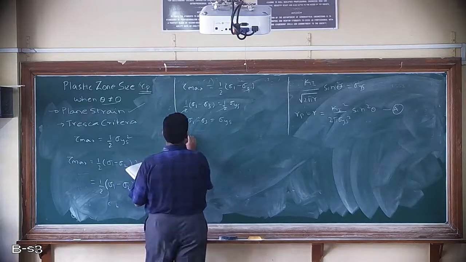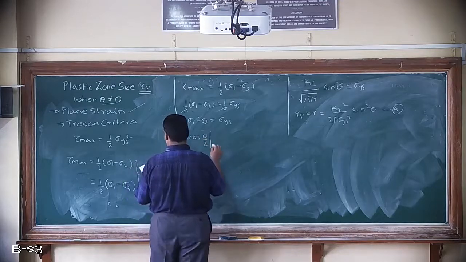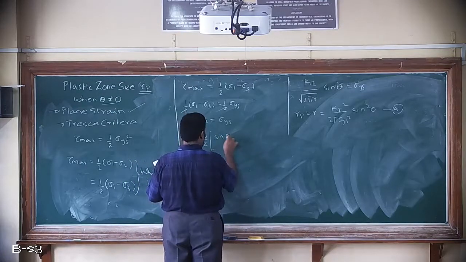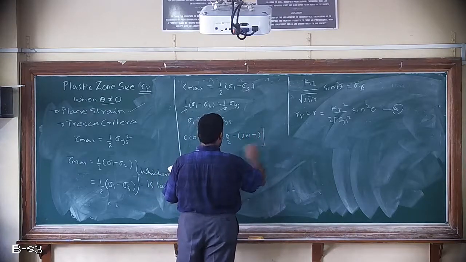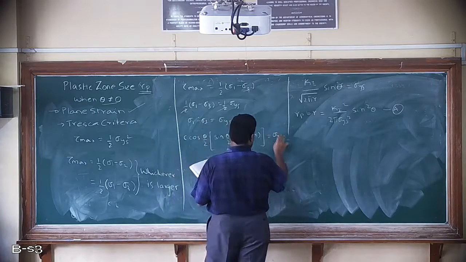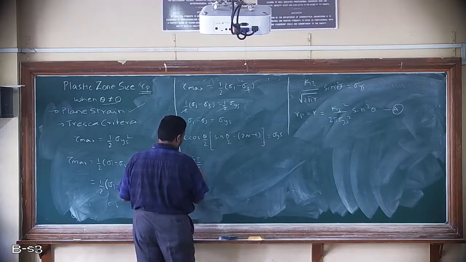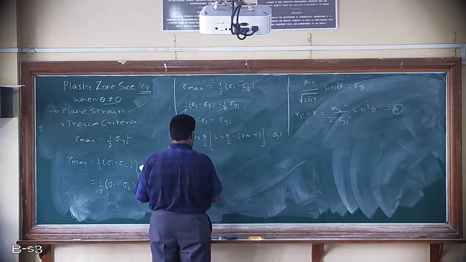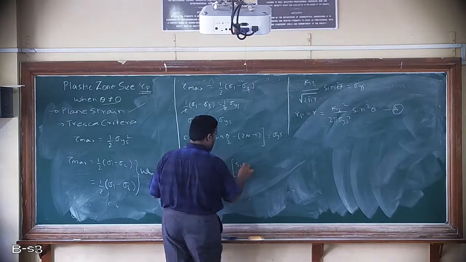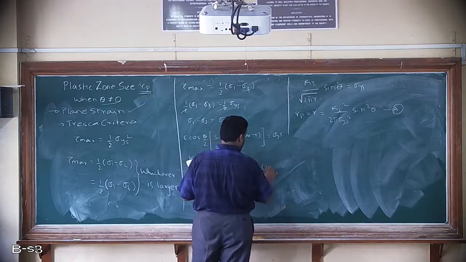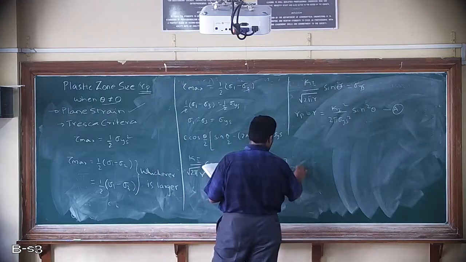So I can write this as c into cos theta by 2 into sin theta by 2 minus 2 mu minus 1. This we have already seen. So this will be equal to sigma ys. Therefore substitute for c, that is Ki upon root of 2 pi r into cos theta by 2. In the bracket we will have sin theta by 2 minus 2 mu minus 1 will be equal to sigma ys.